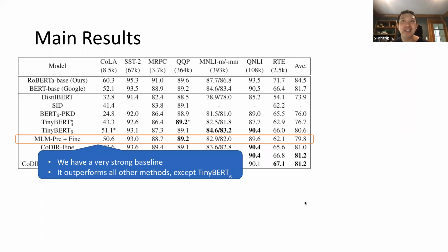But for pre-training, yeah, definitely it will take around 20% more time to finish the training. But especially if we want to do a task-agnostic one, it's just one time. So that's also acceptable.